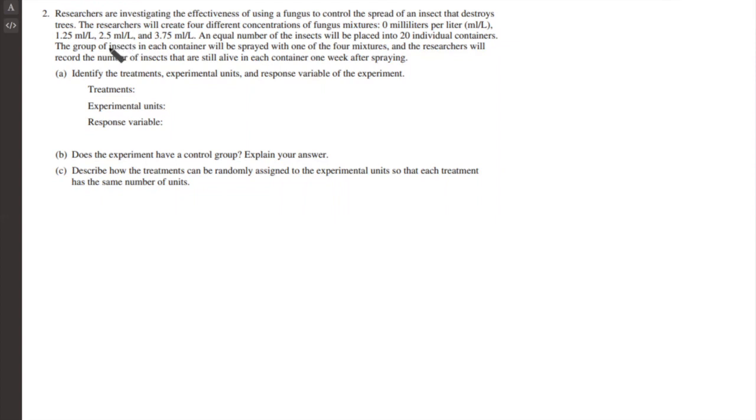Would it be the insects? Are we basically getting data for each insect? It would be the individual containers. The individual containers with the equal number of insects. So that's what we'd actually be getting data for. So good, good one there.